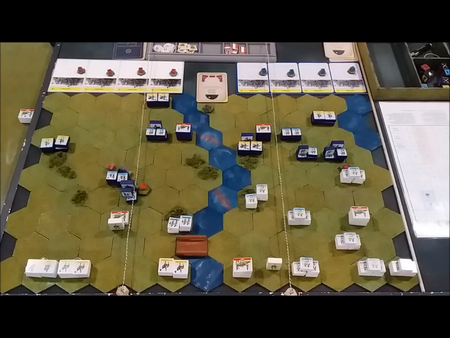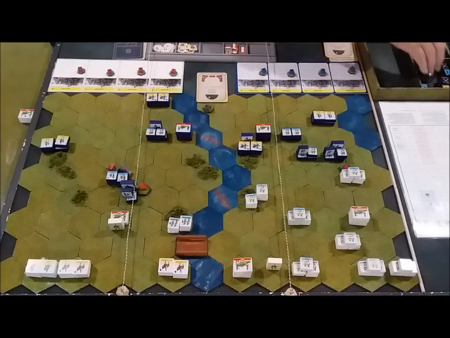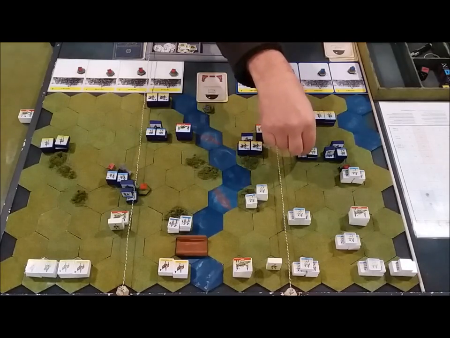Okay, so what are we going to do first? And I think what we'll do first is we'll get this line unit to fire over here. They've moved, so they get 2. And line infantry, they don't get anything else. Okay, so it's just 2, but it's -2 into a town. So they're not going to get anything.